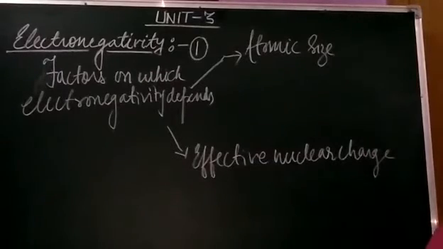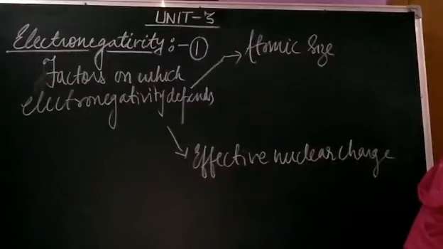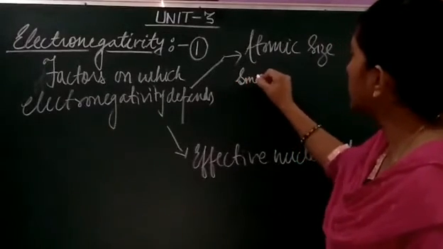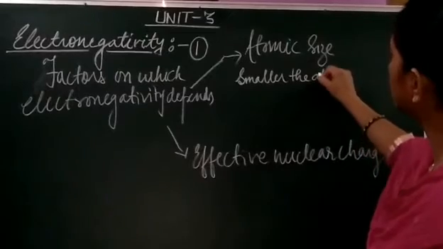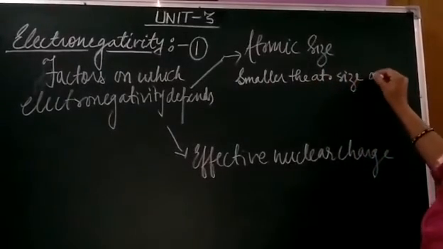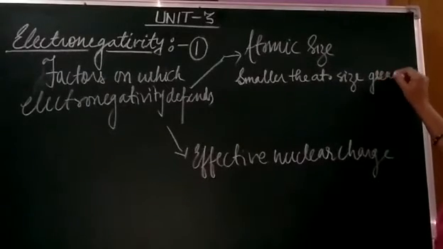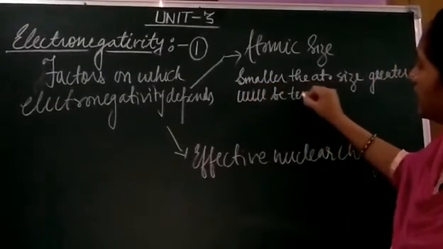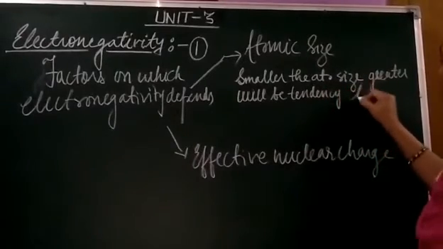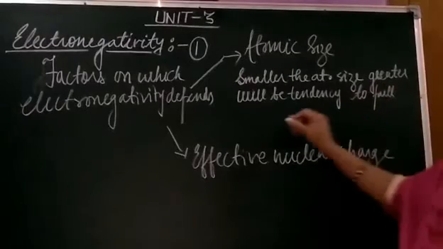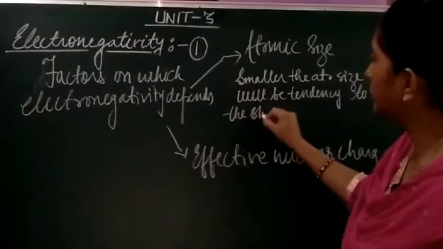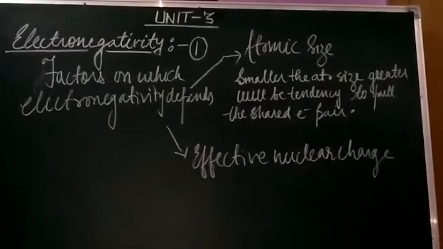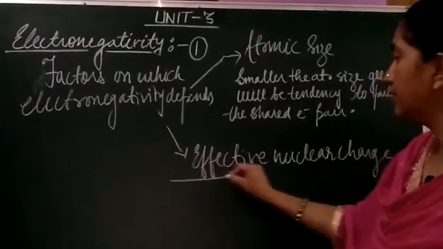So for the atomic size, the smaller the atomic size, the greater will be its tendency to pull the shared electron pair toward it, right? The second factor is the effective nuclear charge.